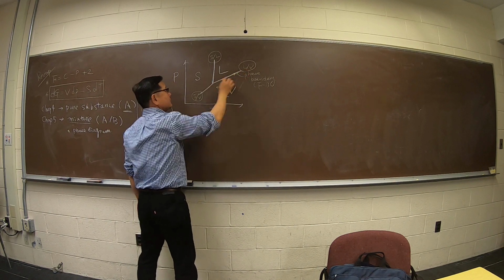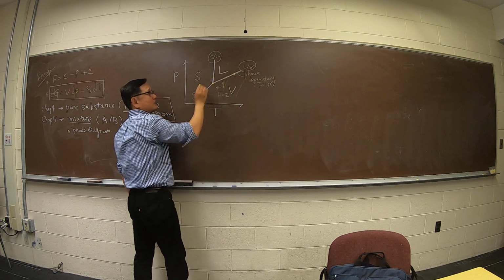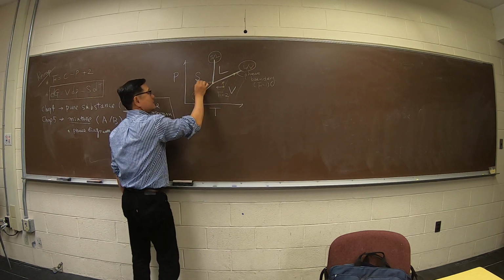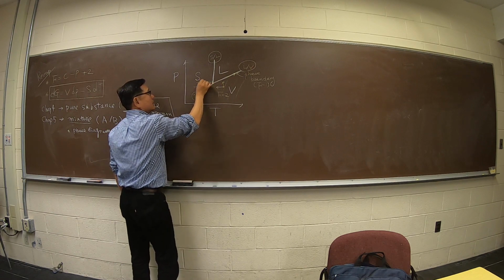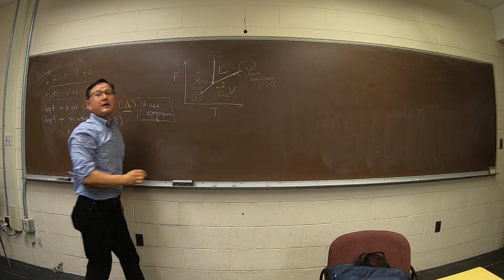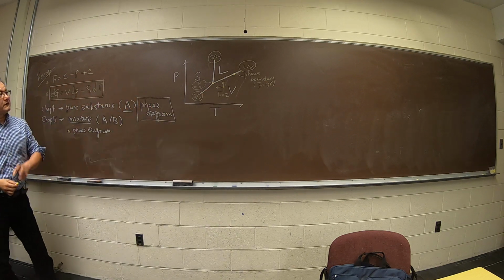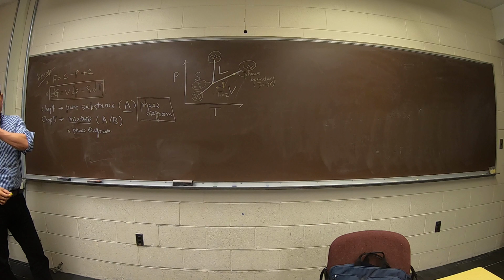There's 1 degree of freedom. At the triple point, you have F equals 0. This is a fixed location where you have no degrees of freedom.